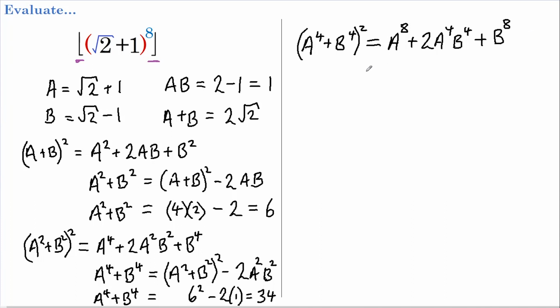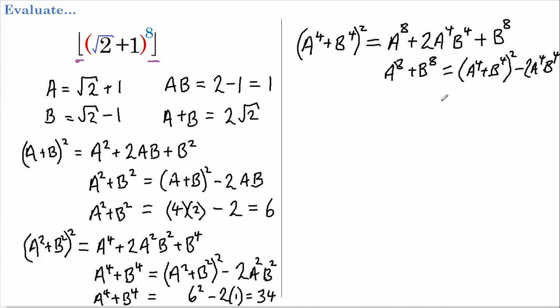And again, if we isolate A to the 8 plus B to the 8, we can rearrange this to get that equals A to the 4 plus B to the 4 all squared less 2 lots of A to the 4 B to the 4.